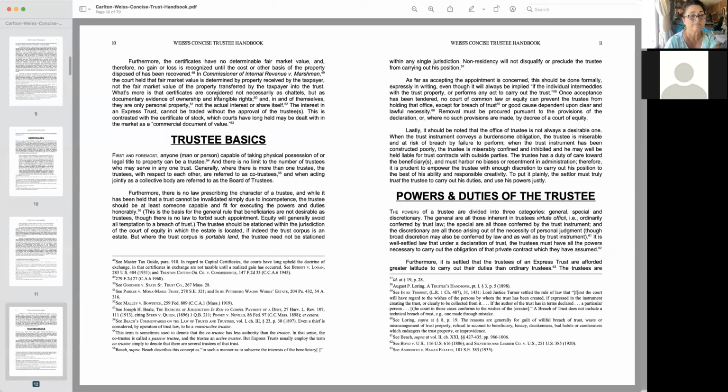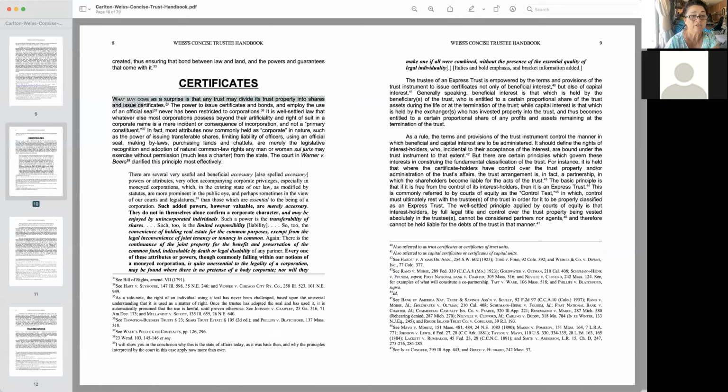Certificates. What may come as a surprise is that any trust may divide its trust property into shares and issue certificates. Yep. The power to issue certificates and bonds and employ the use of an official seal never has been restricted to corporations.